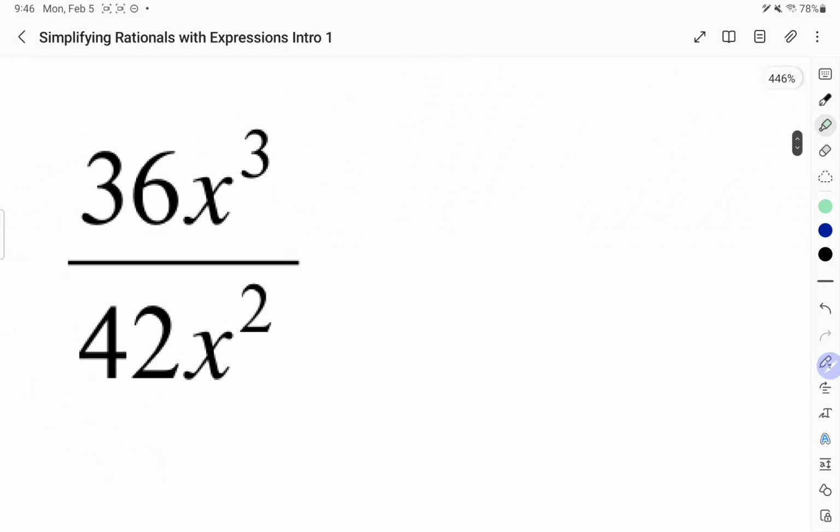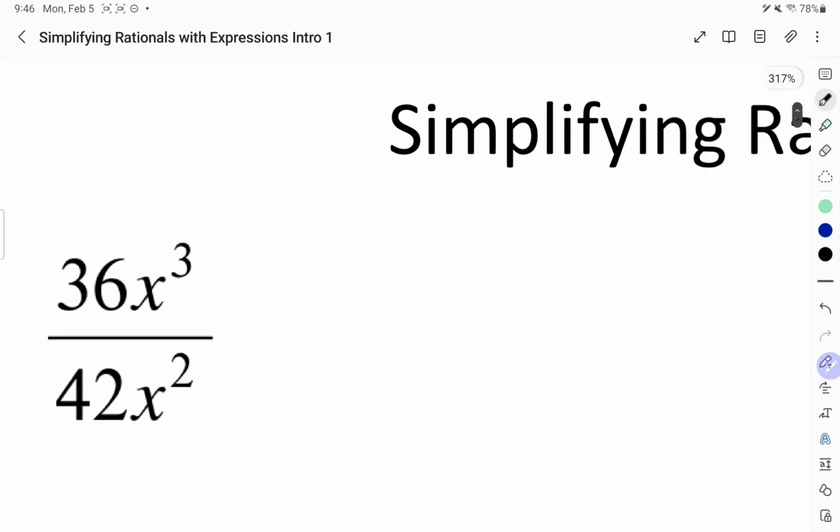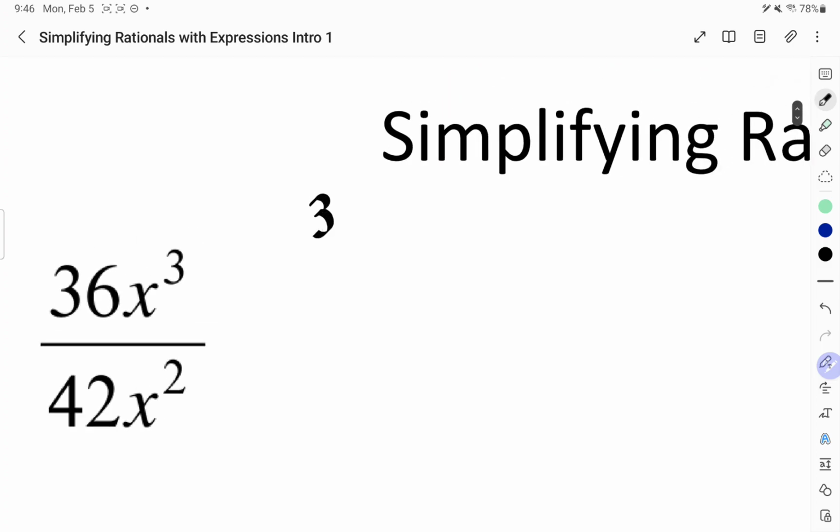So first things first, let's find factors of 36. So 36 gives me, well, let me first say the problem. So it's going to be 36x cubed over 42x squared. But yes, we're going to find factors of 36, so 6 and 6, and then 2 and 3, 2 and 3.